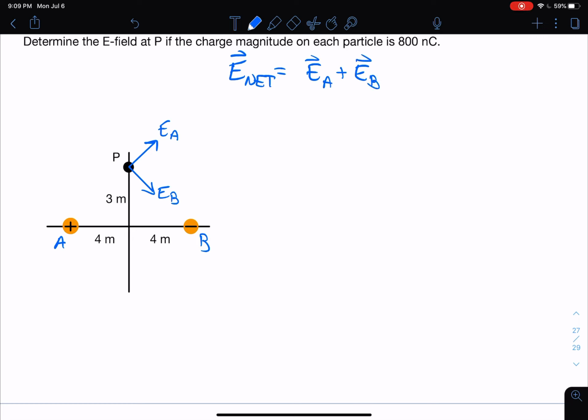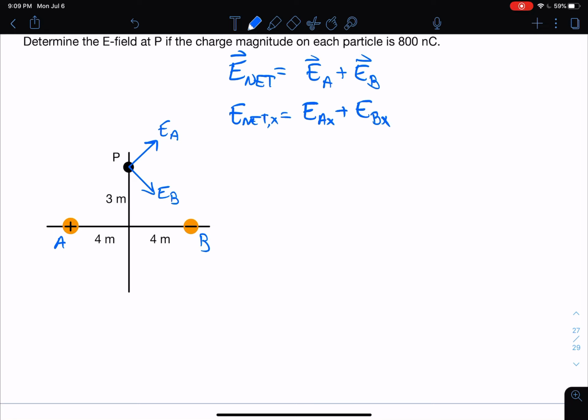So this is just vector addition. So immediately I can say the net X has got to equal EAX plus EBX. And I can write the same thing down for Y. I'll be doing that in a little bit. Okay, great. So this is a vector addition problem.